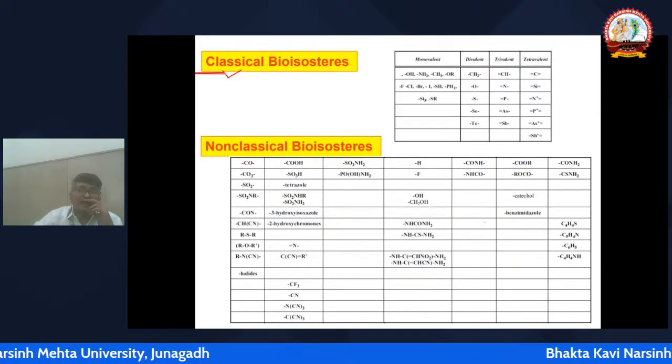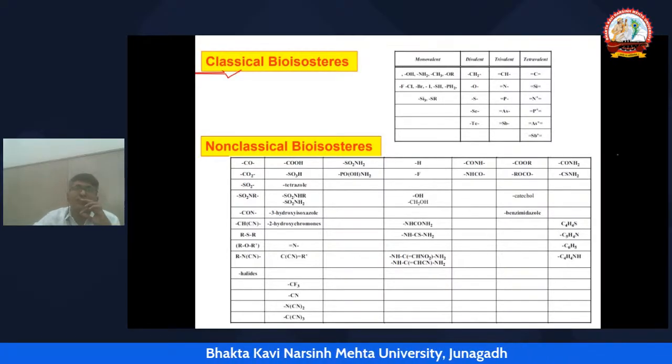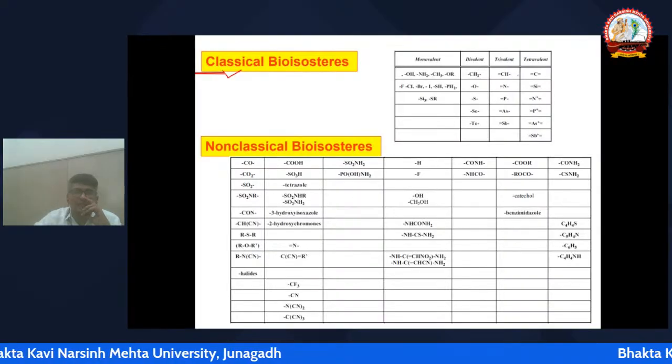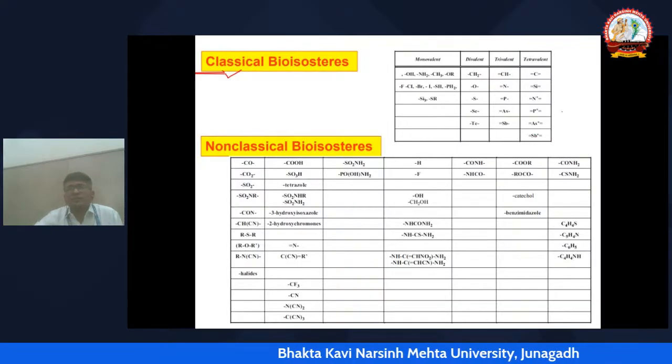Similarly, in the divalent case, CH2 is changed to oxygen, sulfur or selenium, and in the trivalent case, the alkyne group can be converted into nitrile or phosphorus. Similarly, a tetravalent group can be converted.